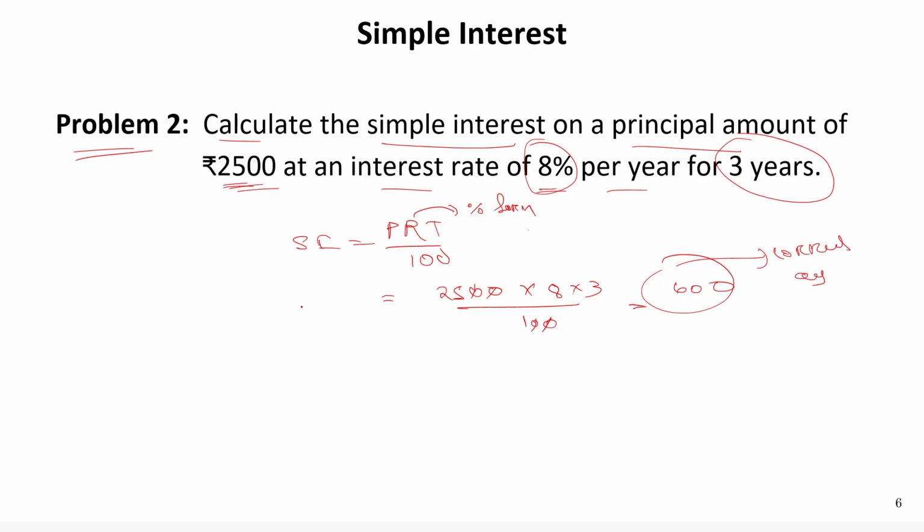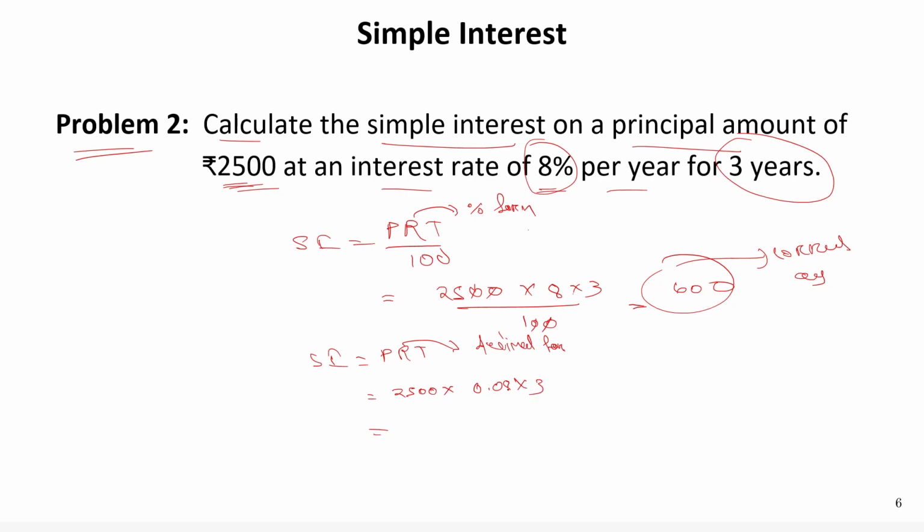Let's solve it using the second method, that is SI is equal to PRT, which is applicable when the rate is in decimal form. P is equal to 2500, R is equal to 0.08, and for 3 years, T is equal to 3.